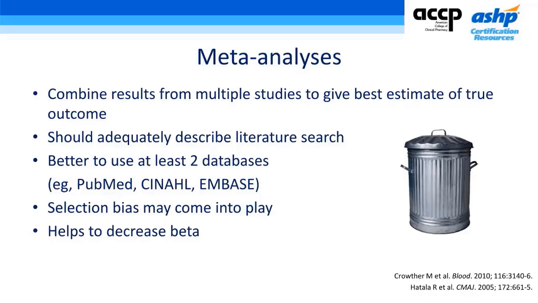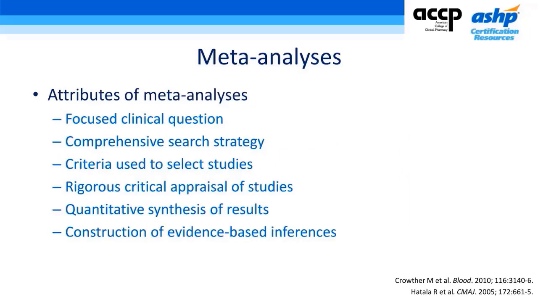And I have a garbage can here to remind me to tell you that if you have trials that are less ideal in the meta-analysis, then your results may be less than ideal from your meta-analysis. So basically what I'm saying is garbage in equals garbage out. So this slide shows some attributes of meta-analyses.